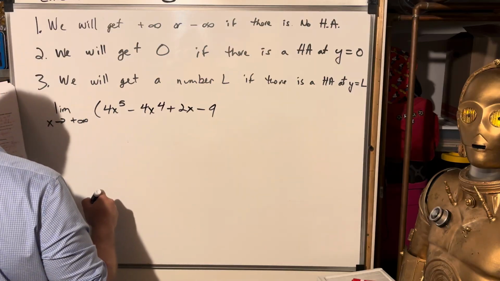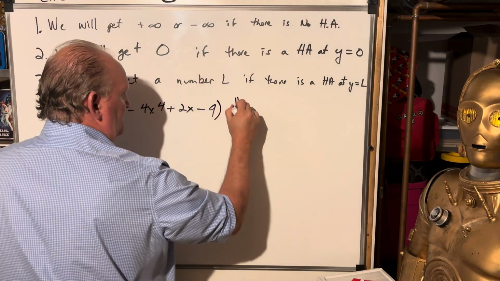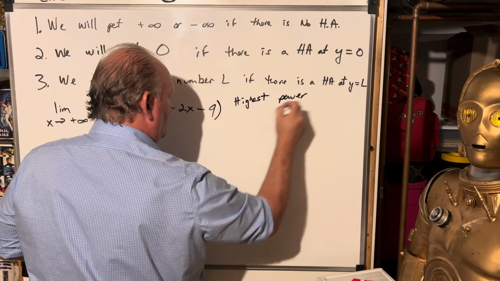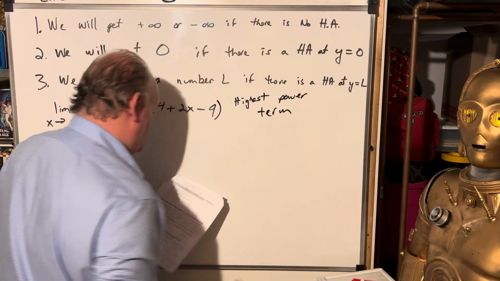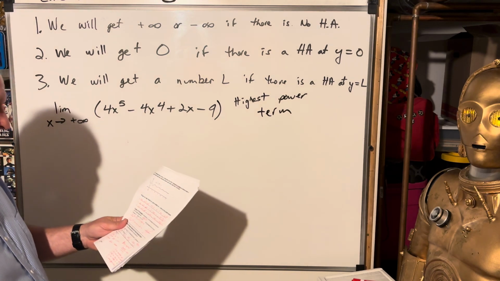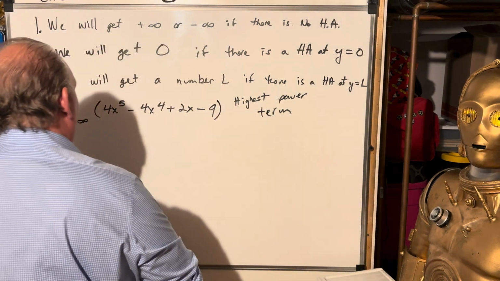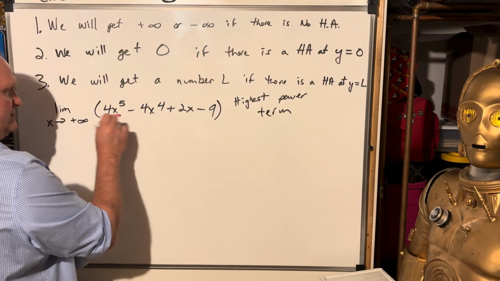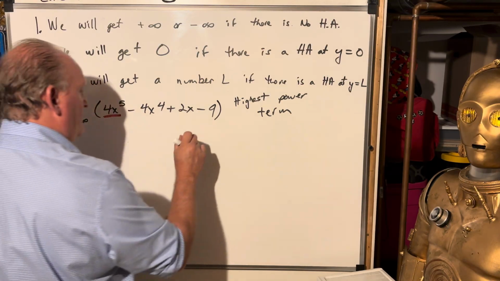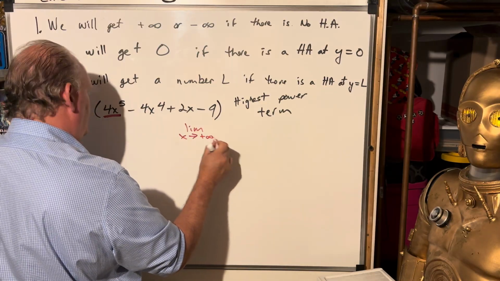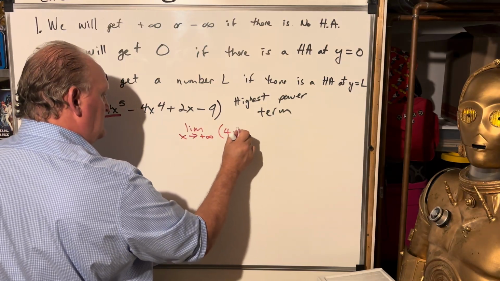The highest power term is what we're interested in. So I'm really only interested in this one. So I want to look at the limit as x approaches positive infinity of just 4x to the 5th.